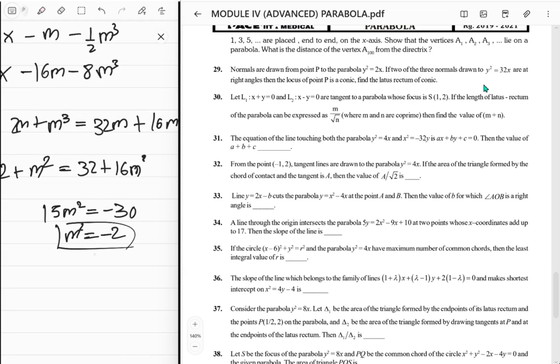Sorry, m squared. Wait, what? That makes no sense, of course. Yeah. This makes no sense, right? It's saying that, yeah, okay, this is not making any sense. So there's only one normal, common normal for these two parabolas. I don't know, this makes no sense.